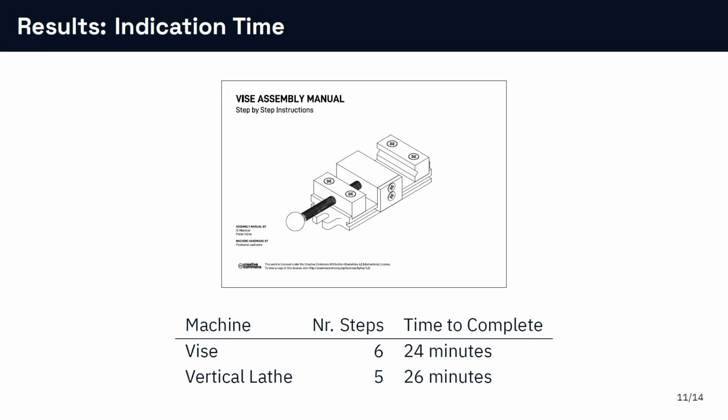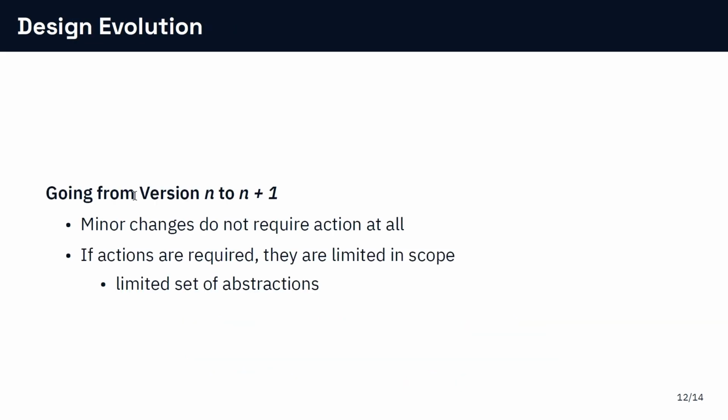But what we could do is take a small machine, a vise, which consists of 6 steps, and once you know which steps you want to have in your assembly manual, it takes only 24 minutes to set up a pretty high quality manual. And we also tried it with a vertical lathe, 5 steps, 26 minutes. Let's say in the order of hours for 5 steps. I'm pretty happy with that result.